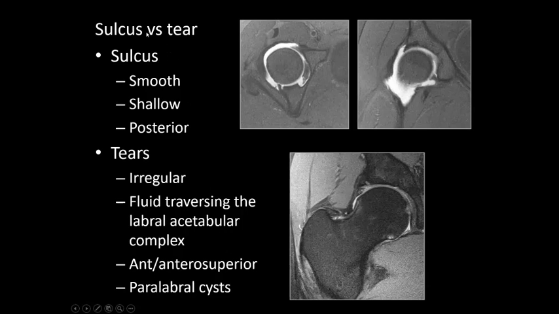So this helps you distinguish between a sulcus, which is a normal developmental appearance of the labrum, versus a tear, which is more a pathology and needs to be treated surgically. So always remember that the sulci are more common posteriorly, but tears are more common anteriorly and anterosuperiorly.